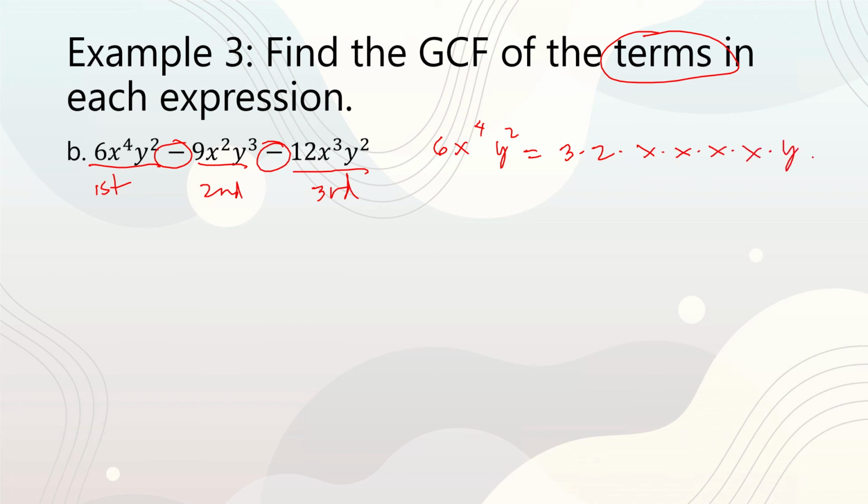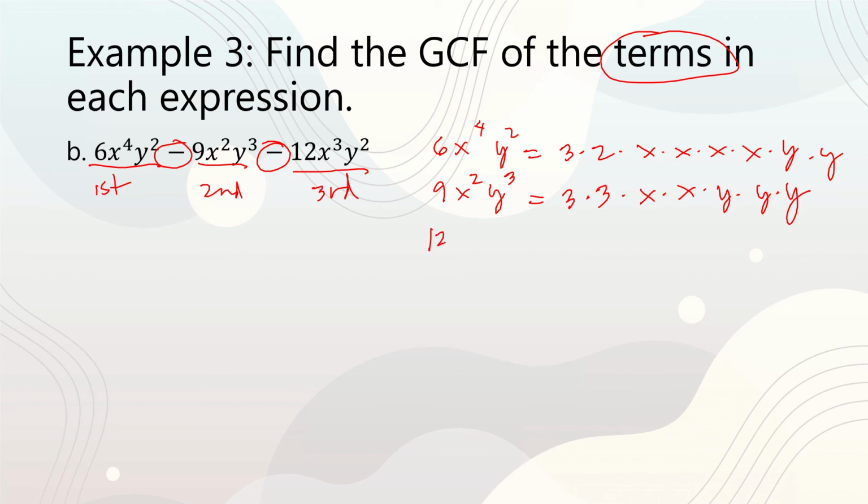The y squared is y times y. The second term is 9x squared y cubed. So our 9 here is 3 times 3. X squared here is x times x. Y cubed means you're multiplying y by itself 3 times.